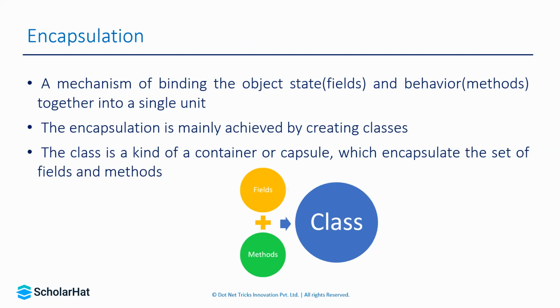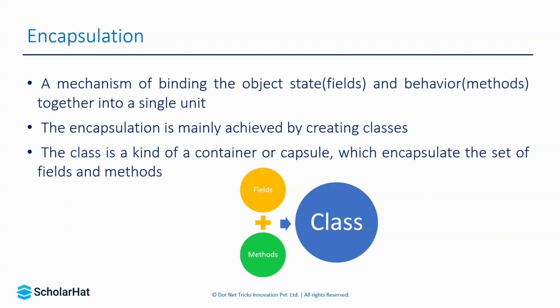What are the attributes of real world objects in C#? We represent them with the help of properties. In properties, we say simply fields. If you know the C++ language, in C++ we commonly use the word fields. And what are the methods we are creating inside the class?